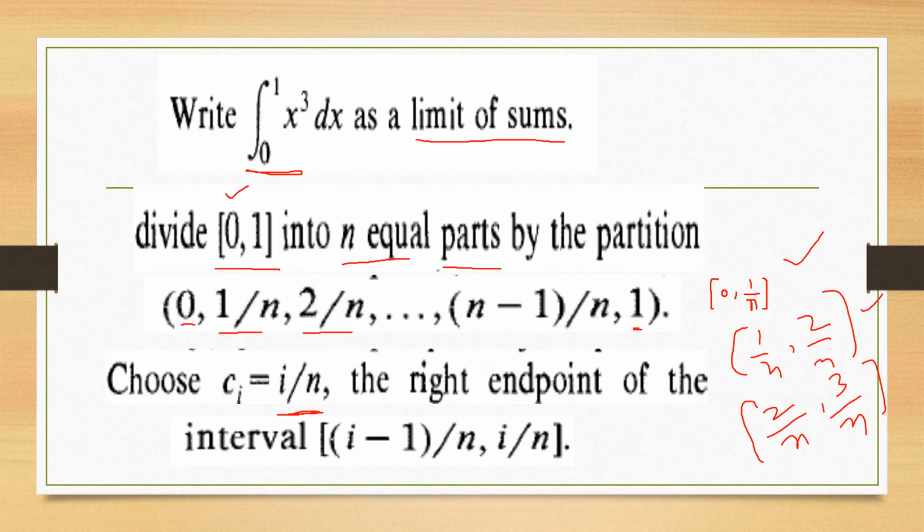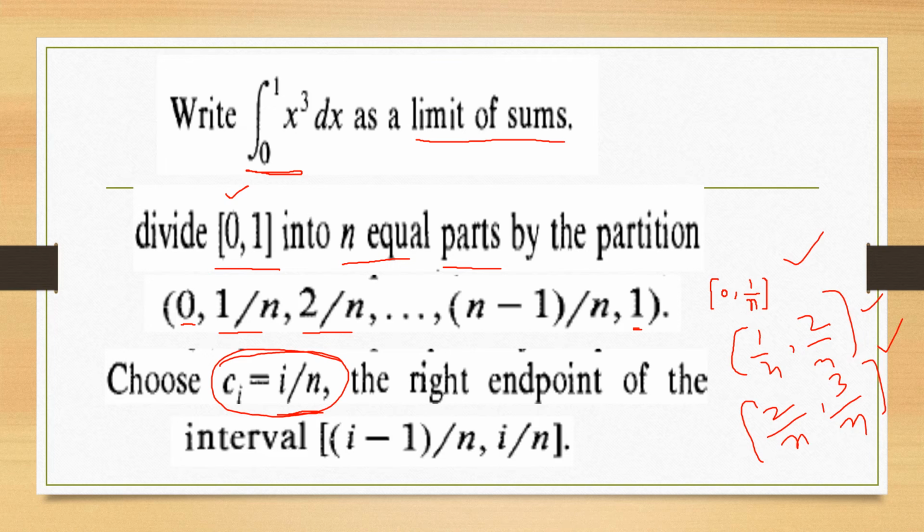This is our first subinterval, this is the second, this is the third, and we can imagine that in our ith subinterval we will have the right endpoint i by n, which is selected as Ci.